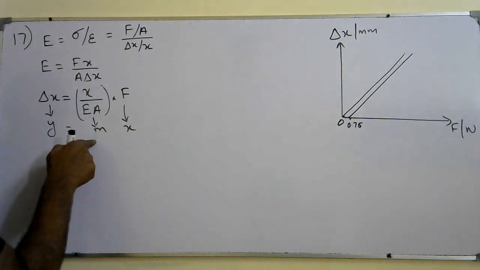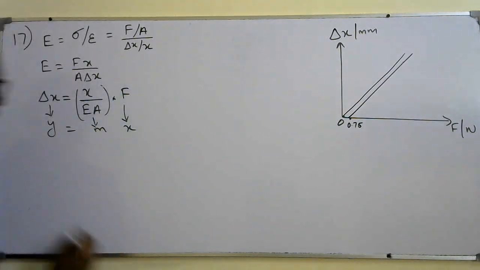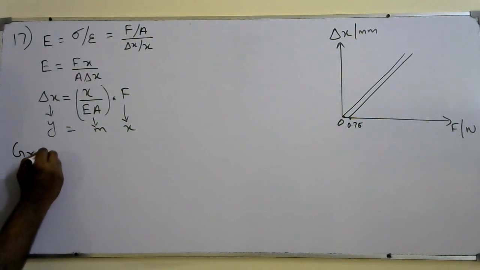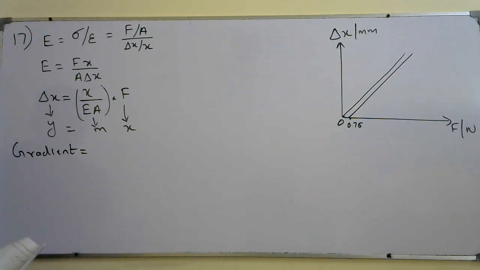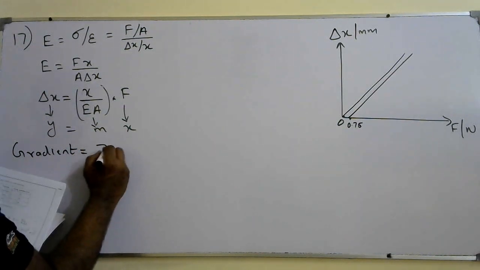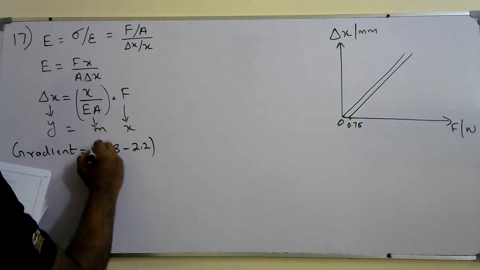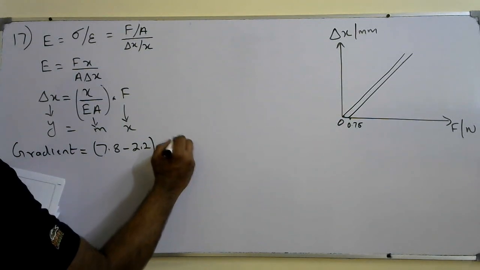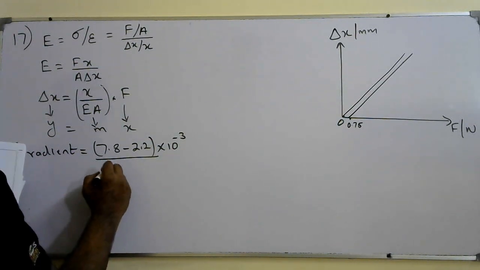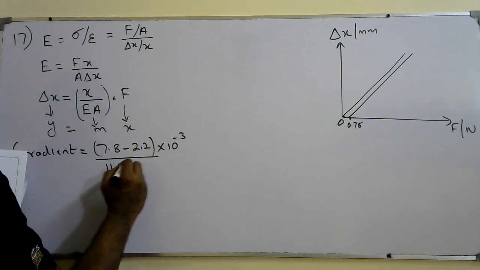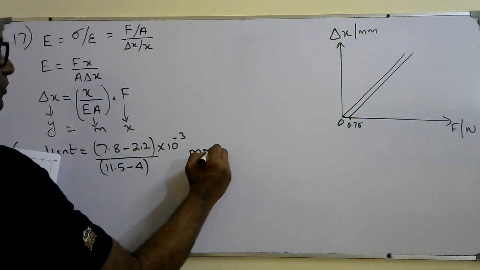So take the gradient of it. If you find the gradient from the graph, take two clear points. The gradient will be equal to, I took these 2 points, 7.8 minus 2.2 times 10 to the power minus 3, millimeter to meter, over 11.5 minus 4, this much of meter per Newton.